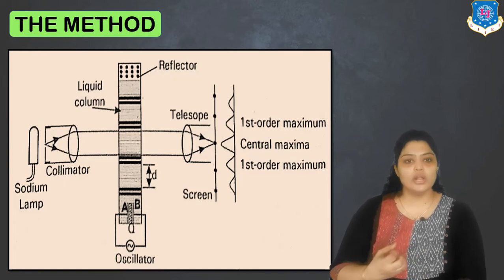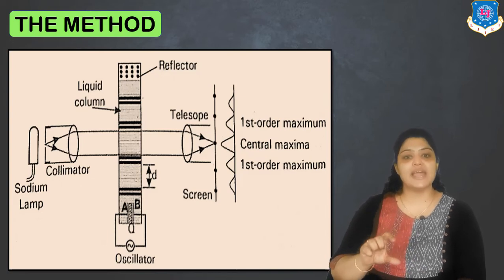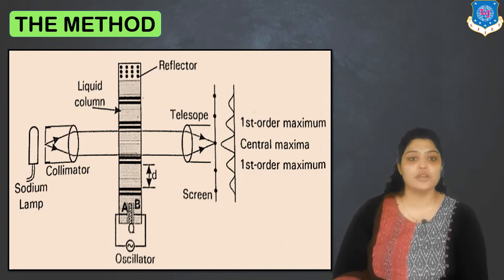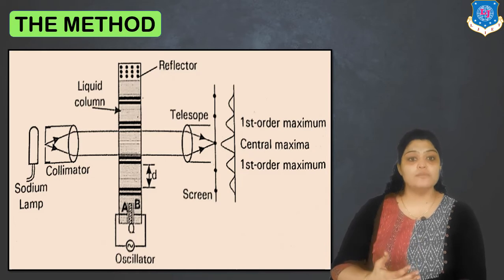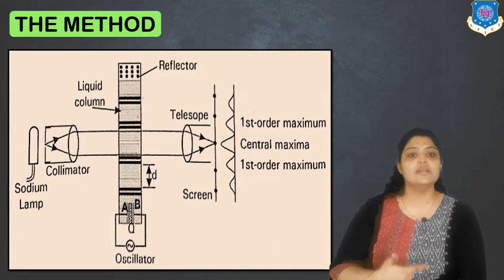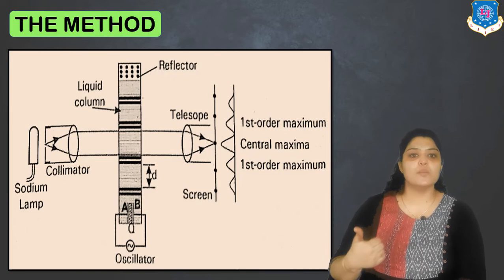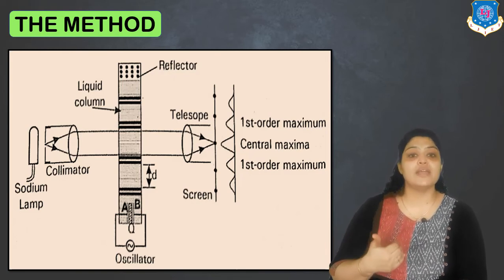This converts all the light it gathers into a parallel beam. This parallel beam of light then passes through the liquid column, and this liquid column, which was a normal liquid, due to the presence of ultrasonic waves, has now turned into a diffraction grating. So the light which passes through this liquid column will get diffracted.